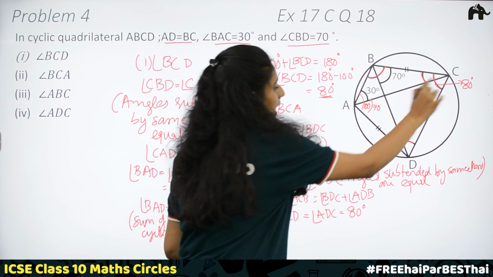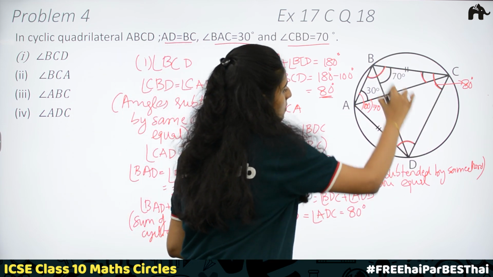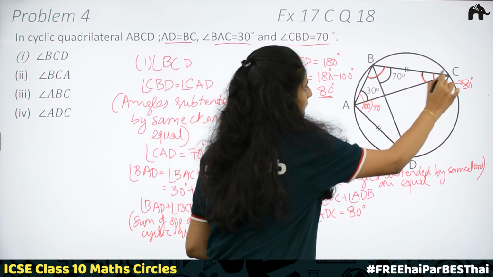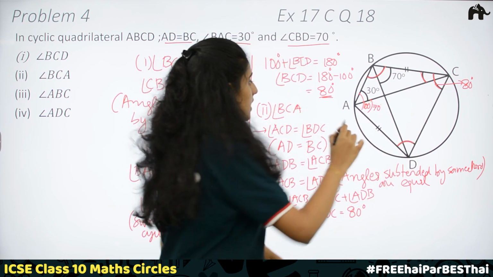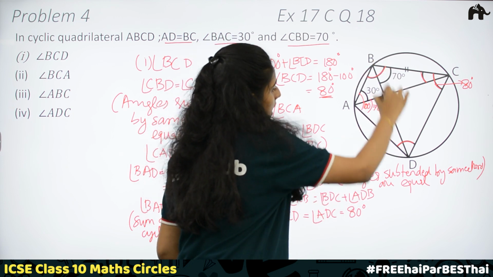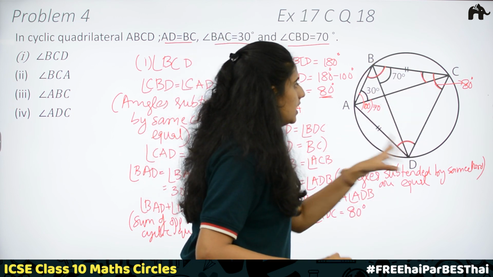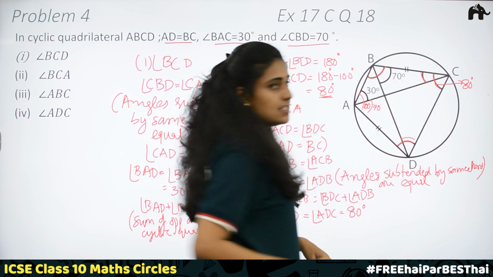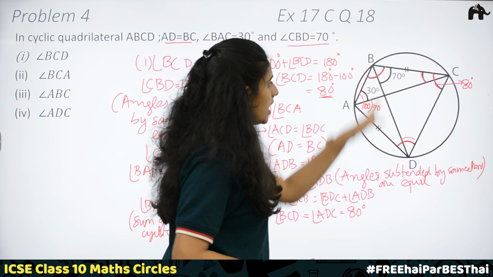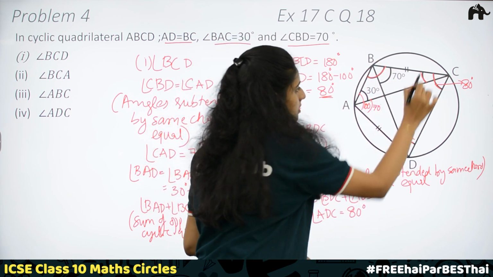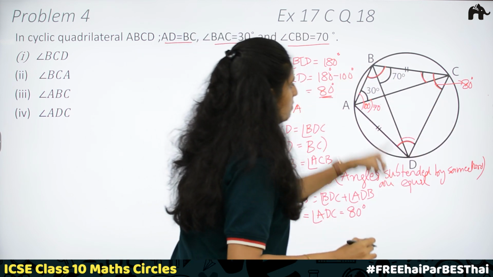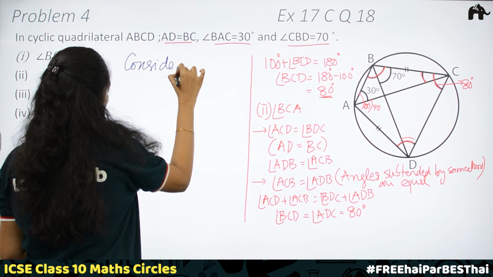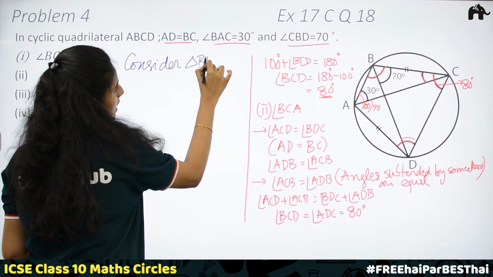Now, we have ACD equal to BDC. We need the value of ACD. For that, if we get the value of BDC, we'll get the value of ACD. Okay. This angle BDC is a part of triangle BDC. So, now consider triangle BDC.